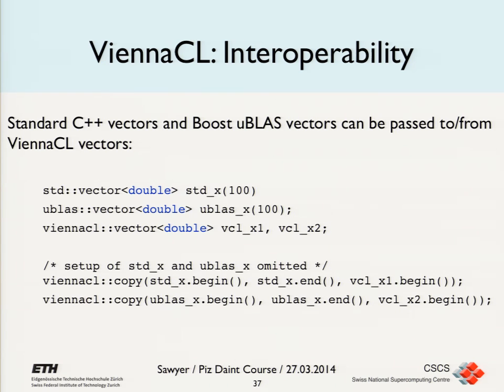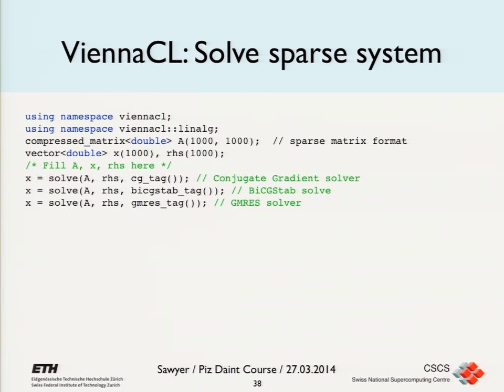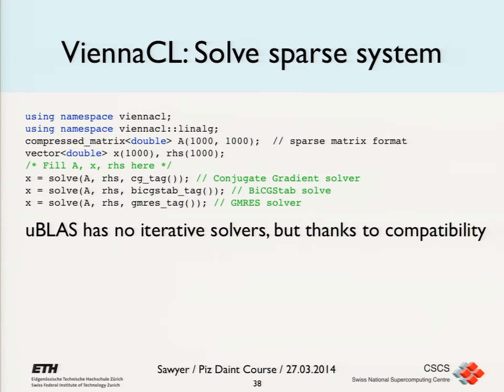Now, what makes ViennaCL different from Boost uBLAS is that Boost uBLAS has no support for sparse matrices, but ViennaCL does. So now you can define a compressed matrix, right? So this is a 1,000 by 1,000 matrix, but it's not in a dense format, right? So it's not a million elements. It's presumably in this compressed sparse row format. Then you can perform solves using this sparse matrix. There's no equivalent in uBLAS.